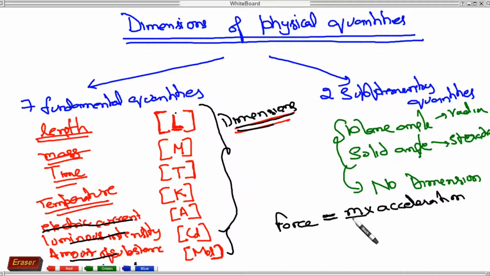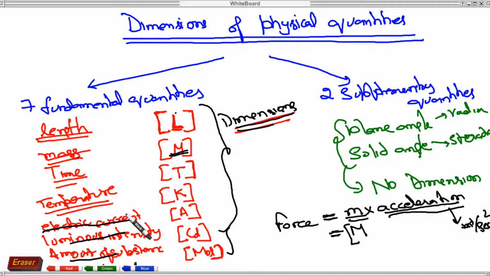This is mass and this is acceleration. So here, mass will be written like this, m. For acceleration, the unit of acceleration is meter per second square.